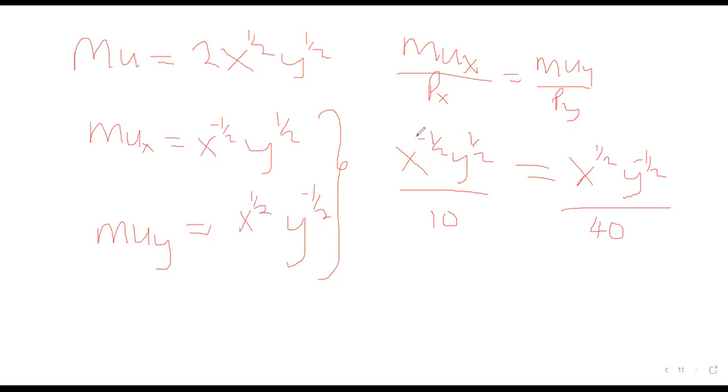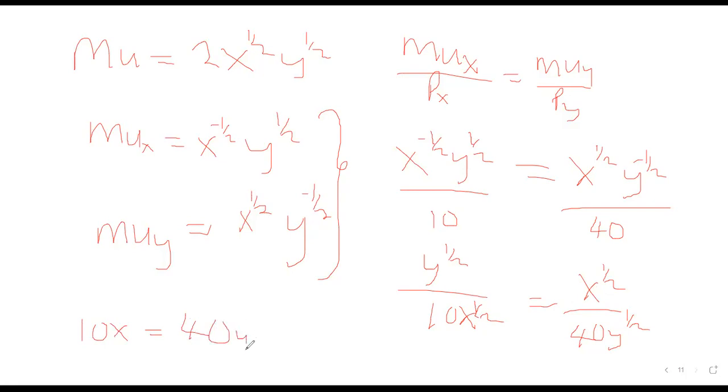So the term with the negative exponent goes down. Which one of the two will go down? X. So here we're going to have 10 x to the half, and here we're going to have 40 y to the half. When you cross multiply, there's a 1 there. 1 times 10 is 10. X to the half times x to the half is x. So we're just going to have 10x. Y to the half and 40 y to the half, we're going to get 40y.